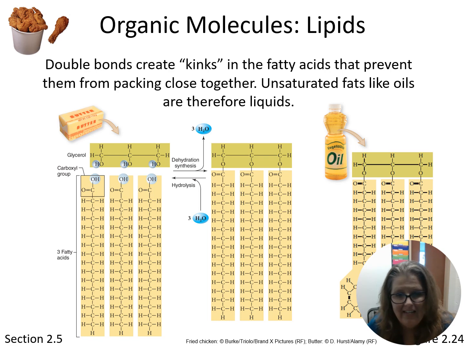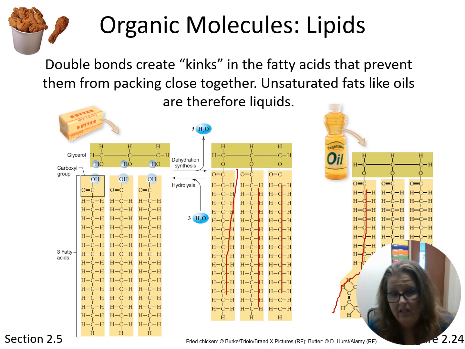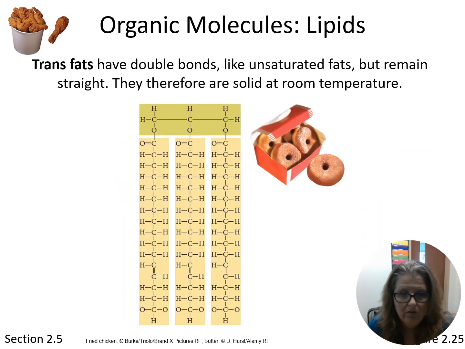The double bonds actually make kinks, and you can't really see this one, but it kind of goes this way and then kicks out instead of being straight like these are straight. It prevents them from packing close together. So unsaturated fats like oils, this is what makes them liquids at room temperature. Trans fats have double bonds like the unsaturated fats but remain straight, therefore they are solid at room temperature.